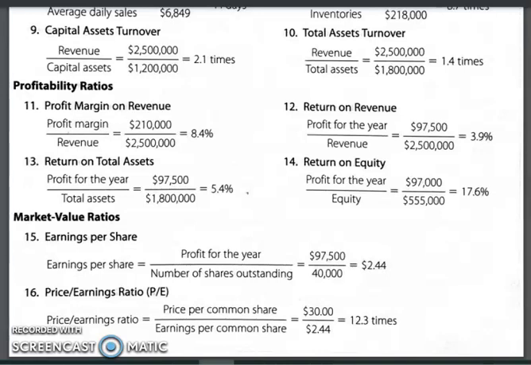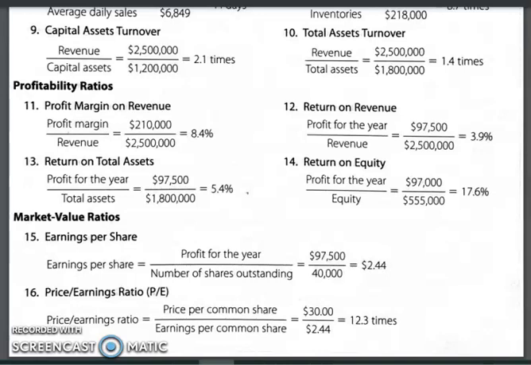And looking at our return on equity, so of all of the equity that the owners and shareholders have built up in this organization, which is 555,000, the profit that that amount has generated is again the 97,500. Oh, they have a misprint here from your textbook. That should say 97,500, just like the two previous ratios. So 97,500 divided by our equity number of 555,000 says that our equity has created a return of 17.6%.